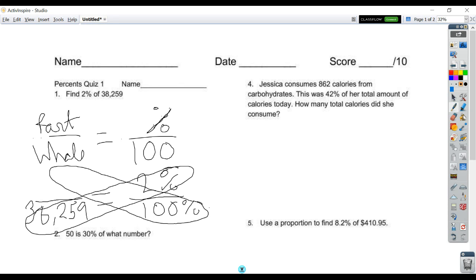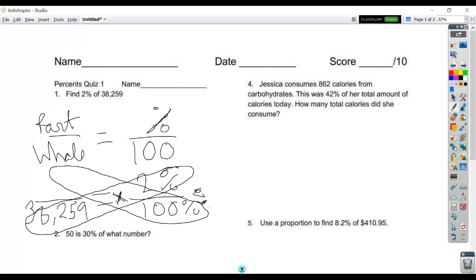So if this is true, since we don't know this number, that's part of a multiplication problem, we can reverse this and divide. So it tells me that I take 38,259 and multiply across, and then I'm just going to divide what's left over.